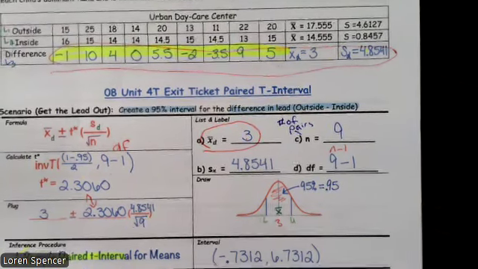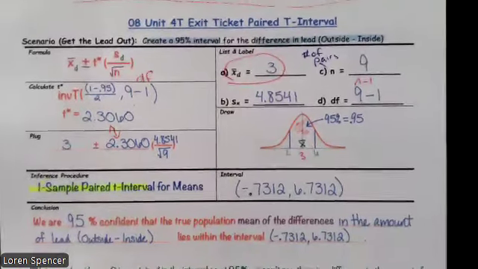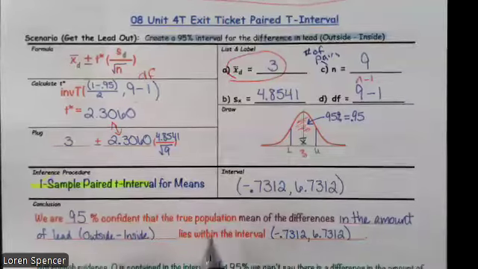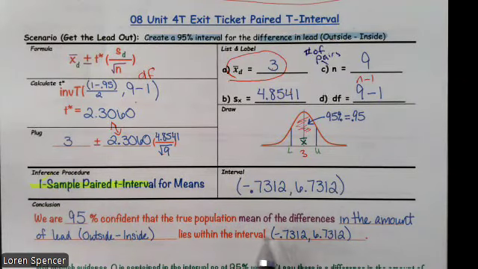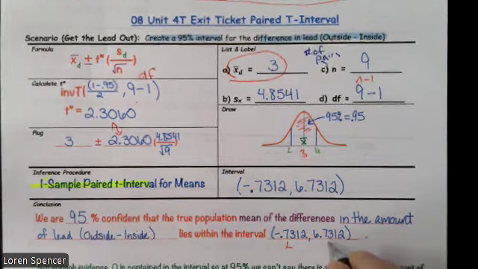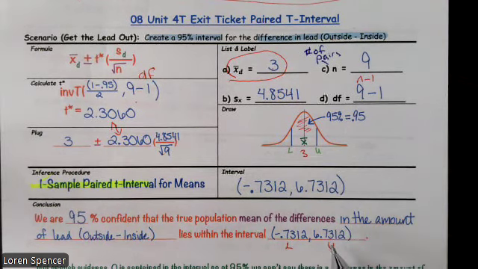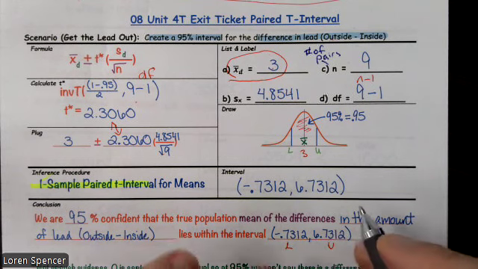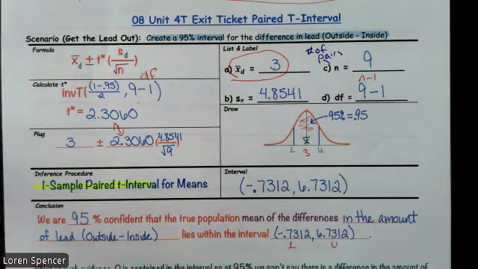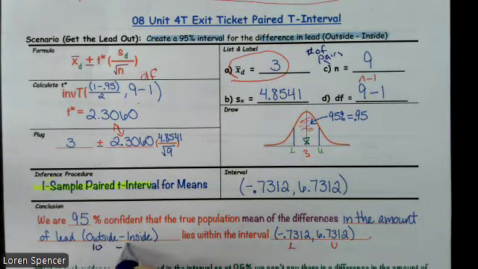So we're 95% confident that the true population mean of the difference in amount of lead outside minus inside lies within this interval, where this is my lower bound and this is my upper bound. If it had all been positive, because we went in the order of outside minus inside, that would have meant the outside was larger.